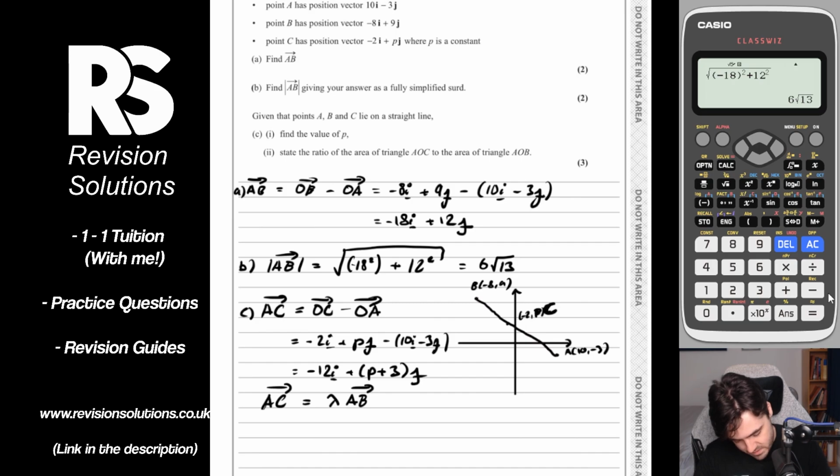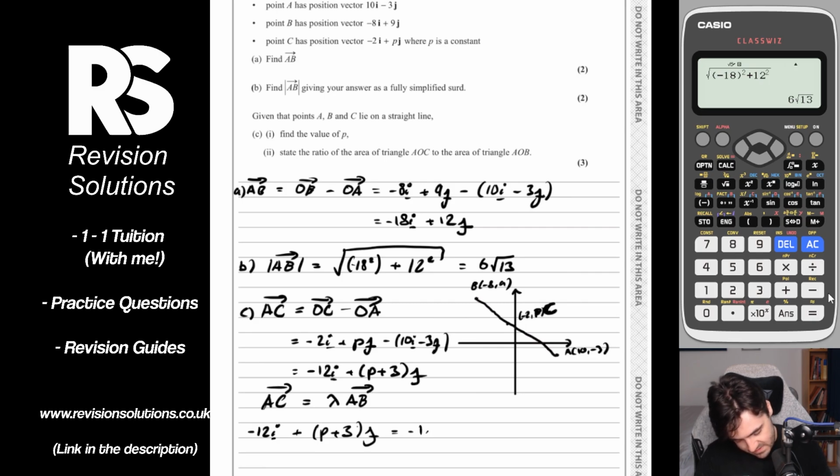So subbing in what we know, we have minus 12i plus p plus 3j must equal lambda times AB.